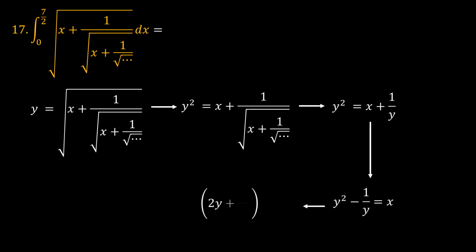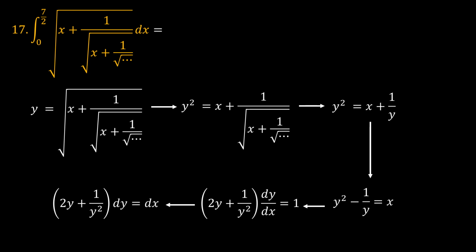And so differentiating both sides, we have 2y plus 1 over y squared dy dx being equal to 1. And that means 2y plus 1 over y squared dy can be used to substitute dx.